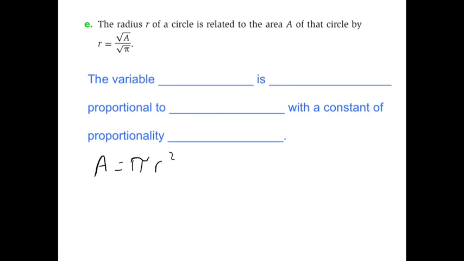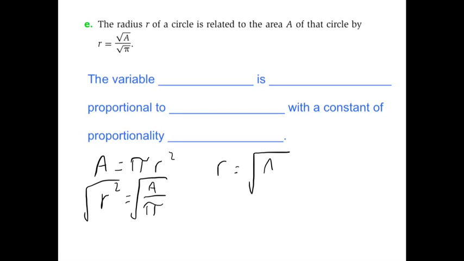So we've got r squared equals A over pi, and taking the square root of both sides leaves us with r equals the square root of A over pi, because the square root of r squared is just r.